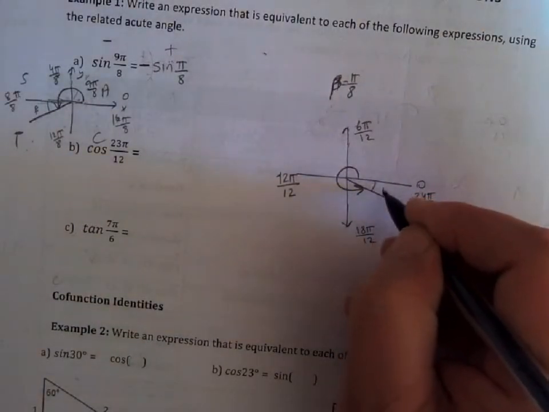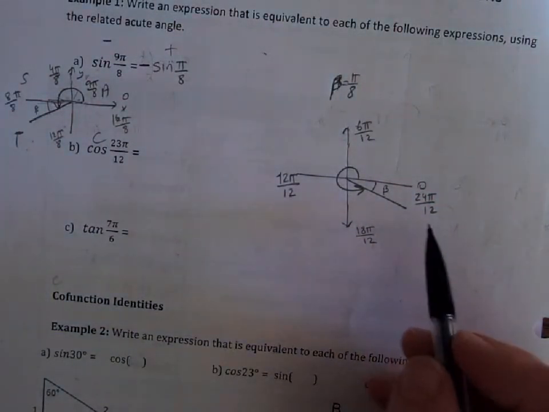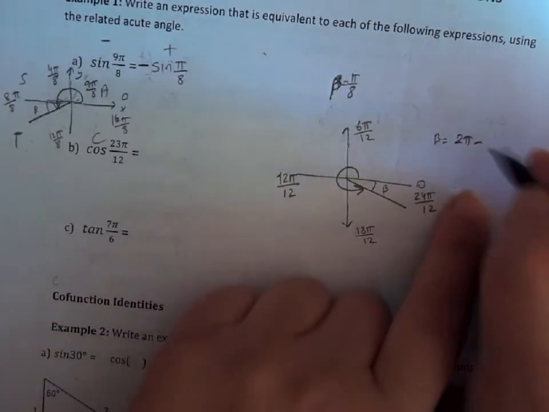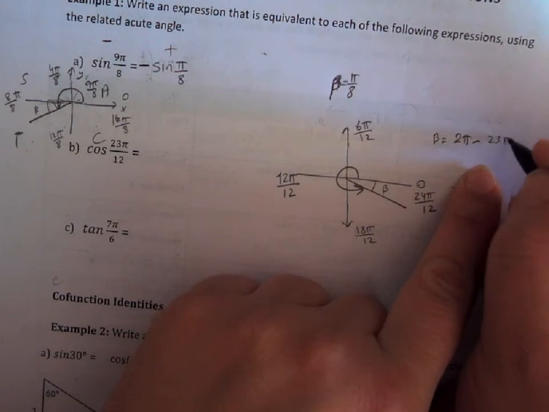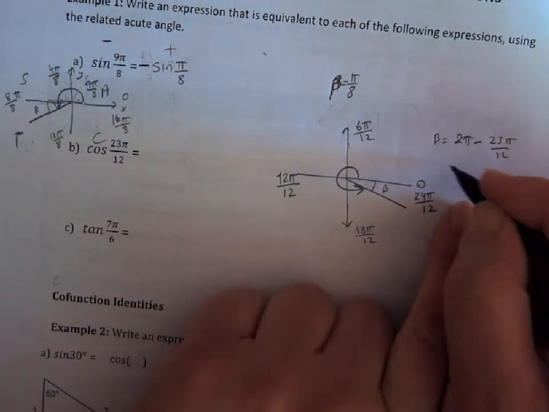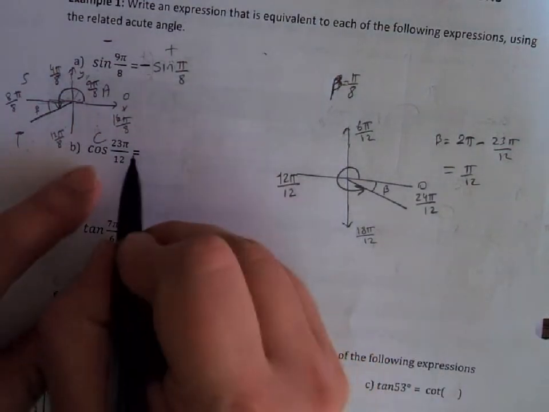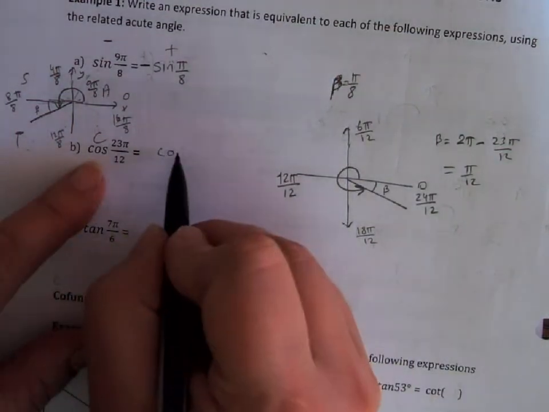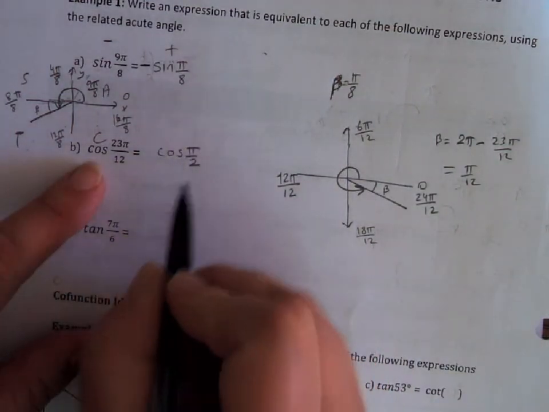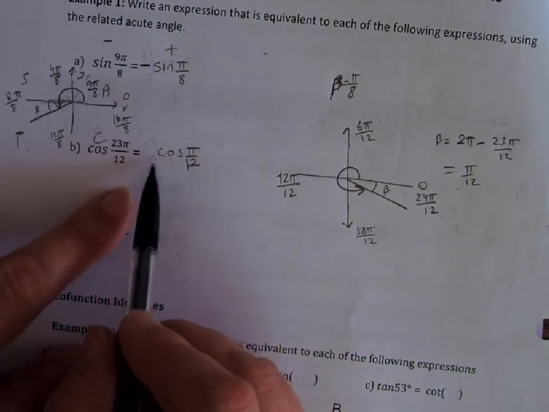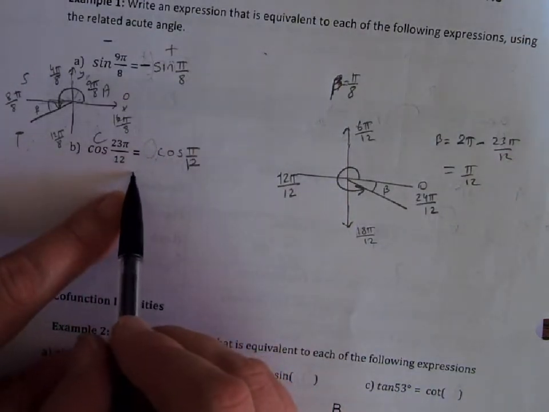Then beta is going to be 2 pi minus theta, or 23 pi over 12, which is pi over 12 in this case. So we are going to write cosine pi over 12 here and decide if you need to keep it positive or make it negative.